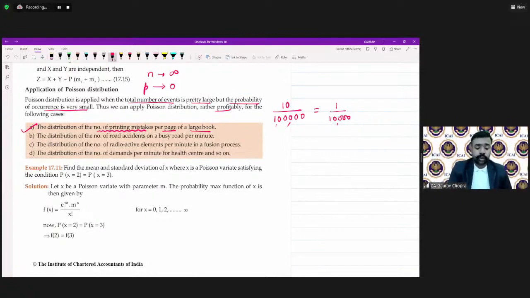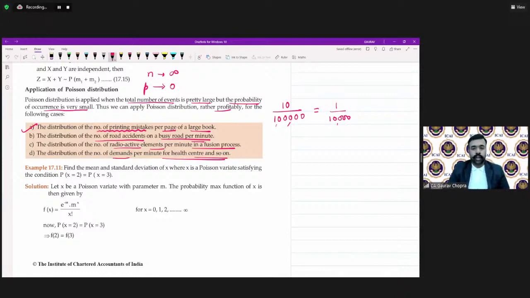Similarly, the distribution of number of road accidents on a busy road per minute. Per minute, how many accidents are there on a road? Whenever we are talking about such a situation where probability is very low, then we use Poisson distribution. Similarly, the distribution of radioactive elements per minute in the fusion process, and number of demands per minute for a health center.